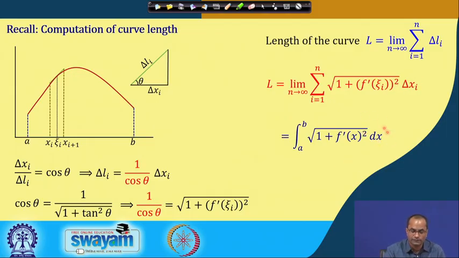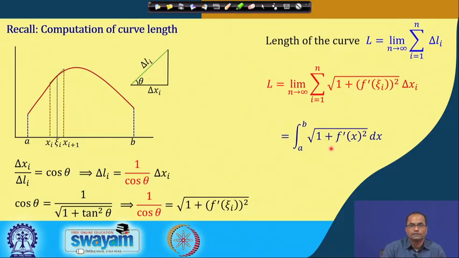So, this integral from a to b of the square root of 1 plus f prime square dx will give us the curve length of this curve, which is given by the function f in the range from a to b. So, what we have learned is that in case of the curve length, the formula is given by the square root of 1 plus the derivative whole square.